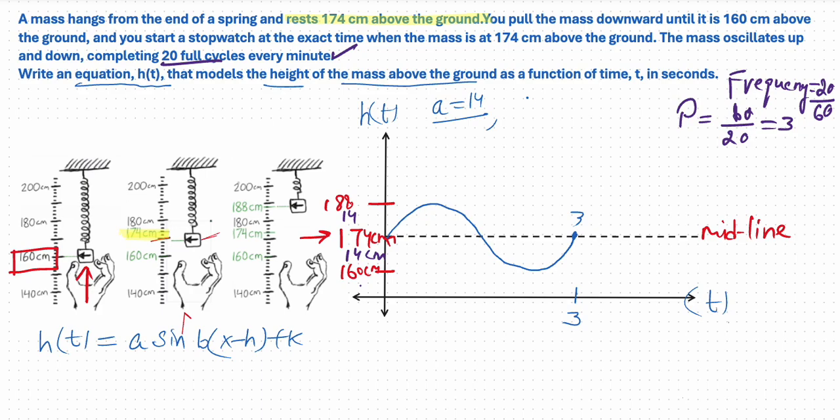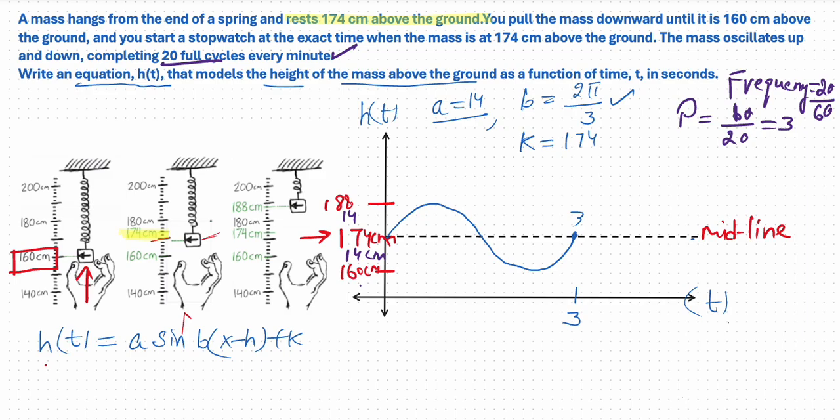Now in order to find the b value, since we already know the period, b will be 2 pi over the period, so it is going to be 2 pi over 3. And once you know the a and b values, since the equilibrium position or the midline is at 174, that is the value of k. So k in this case is 174. So plug in all these values in the formula.